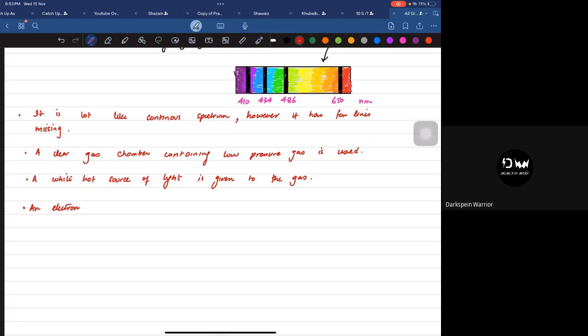An electron in the gas absorbs only the photon corresponding to the quantum gaps.